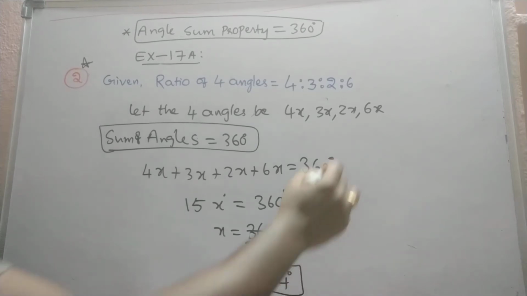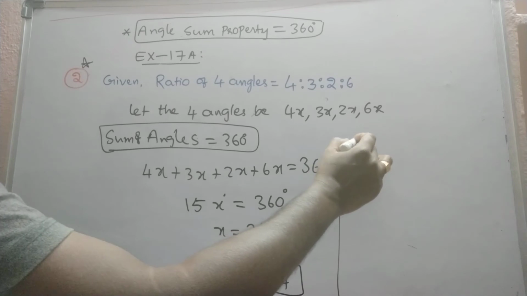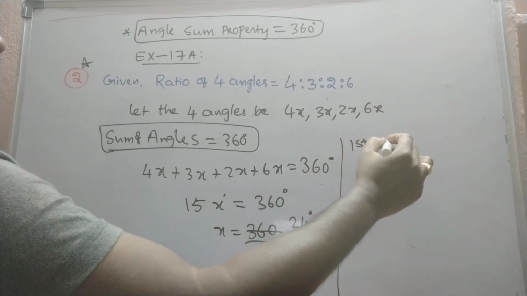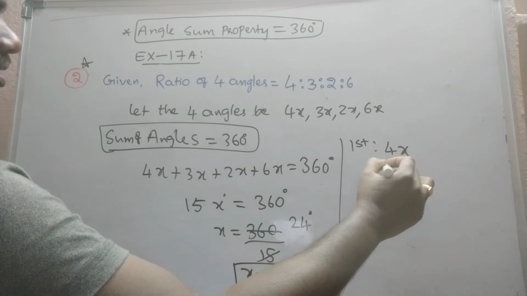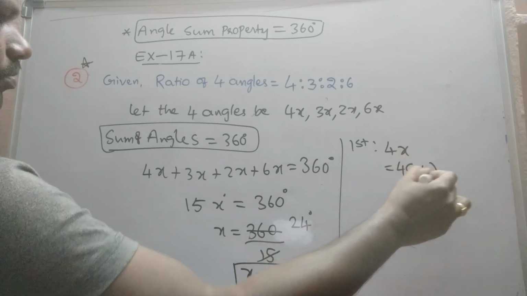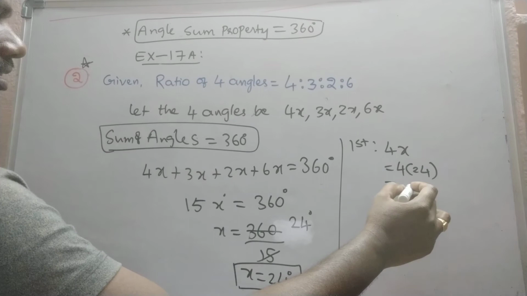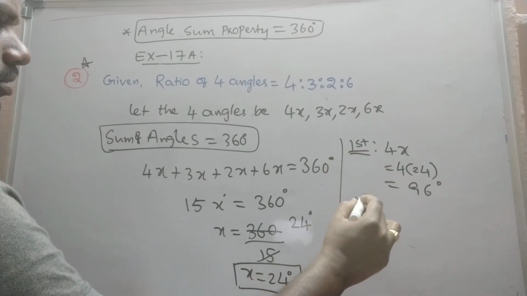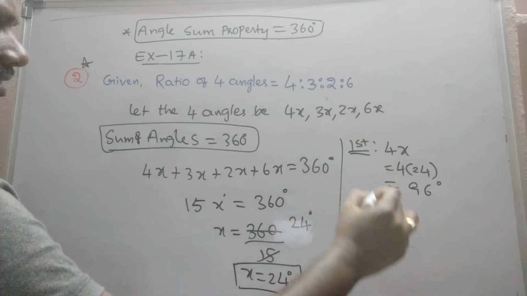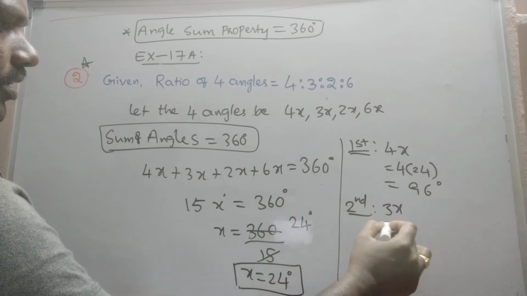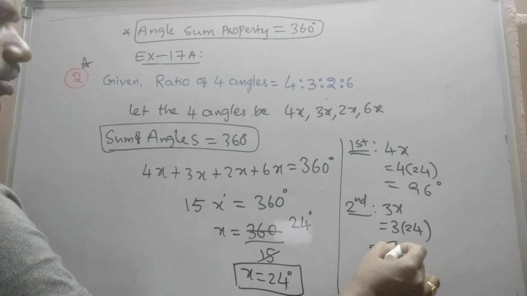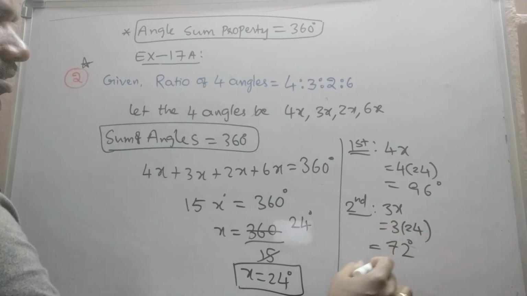So we got x. Now we can calculate all the angles. First angle, you have to write the text, but I am writing here first. So first angle 4x, which is equal to 4 into 24. 4 4s are 16, 4 2s are 8, 96. And the second angle is 3x, which is equal to 3 into 24, which is equal to 72.